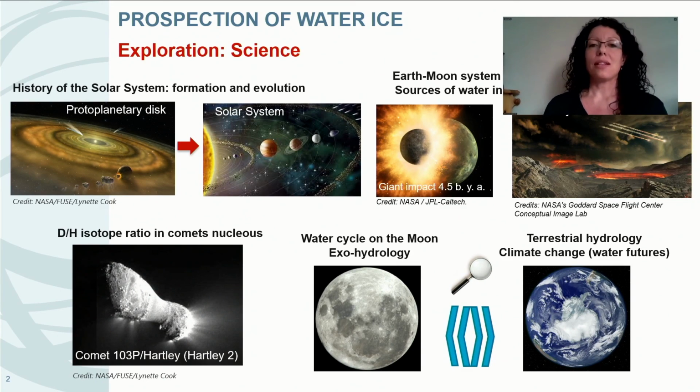And a better understanding of the water cycle on the moon and also the exohydrology could help to boost the progress in terrestrial hydrology, and exohydrology and terrestrial hydrology could have some synergies to boost the progress in both fields.